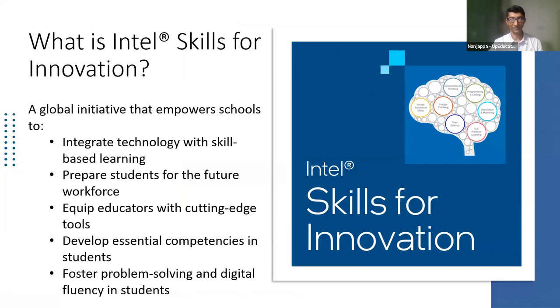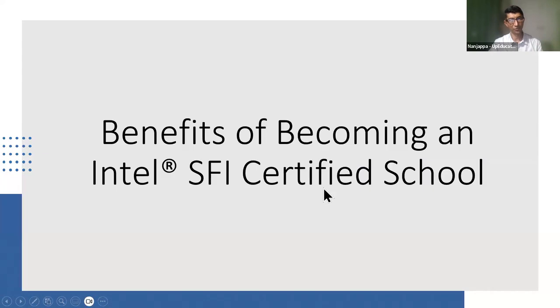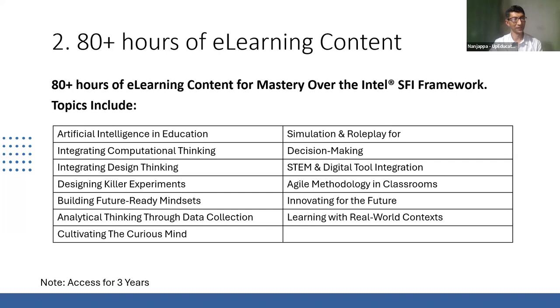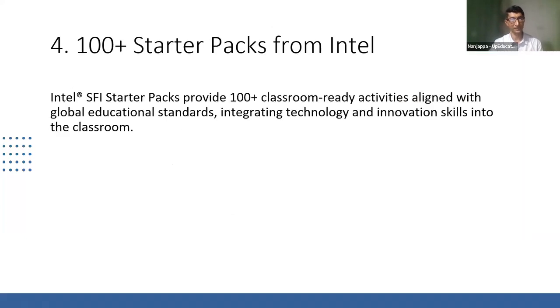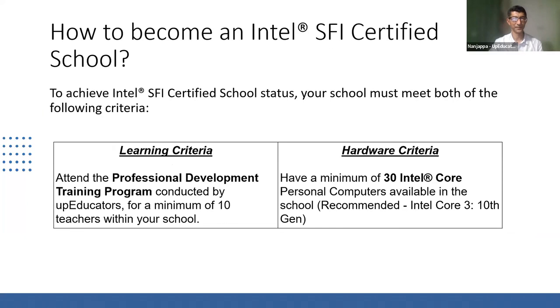The teachers get trained, the students also get trained, and you will become an Intel certified school. They get 80 plus e-learning content, online training is given. The students can design a lot of projects. They get starter packs, all that. So these are some of the things that can be done.